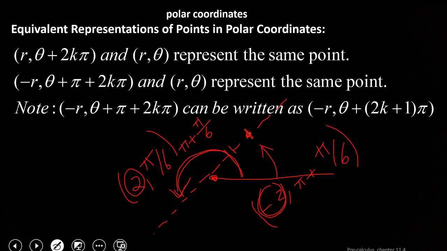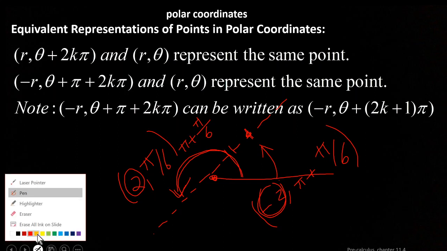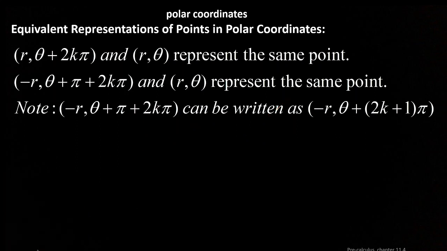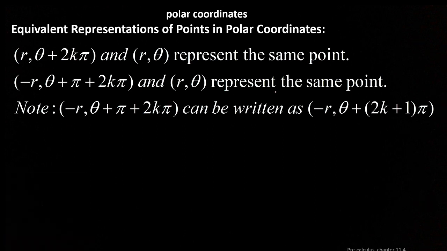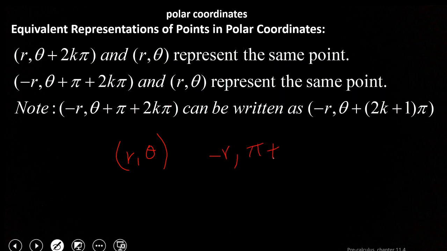So that means that in general, if I have the point r, theta, then negative r and pi plus theta is exactly the same point, right? If I add pi to theta and change r to negative r, I get exactly the same point.